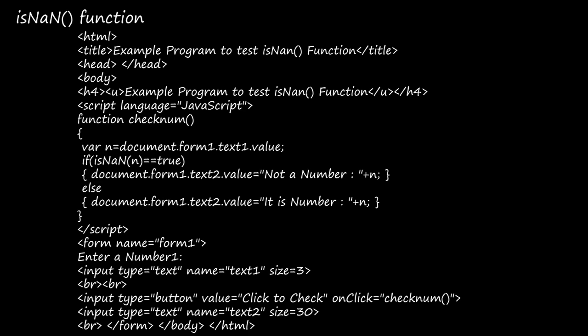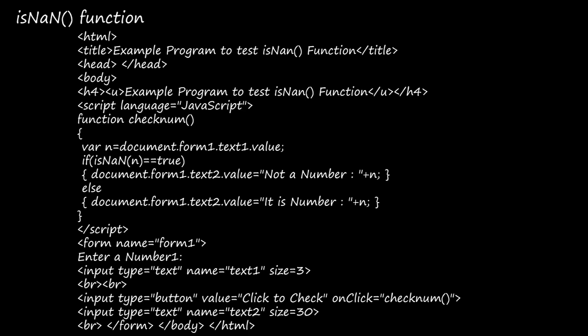After that, if isNaN of n is equal to true, that means if this value is true, then document.form1.text2.value equal to "Not a number". That much will be displayed as such, because it is given inside double quotes, and then the value of n will be displayed.